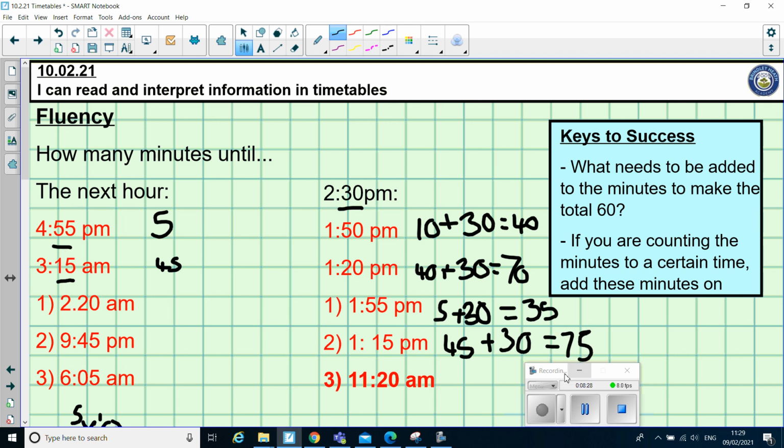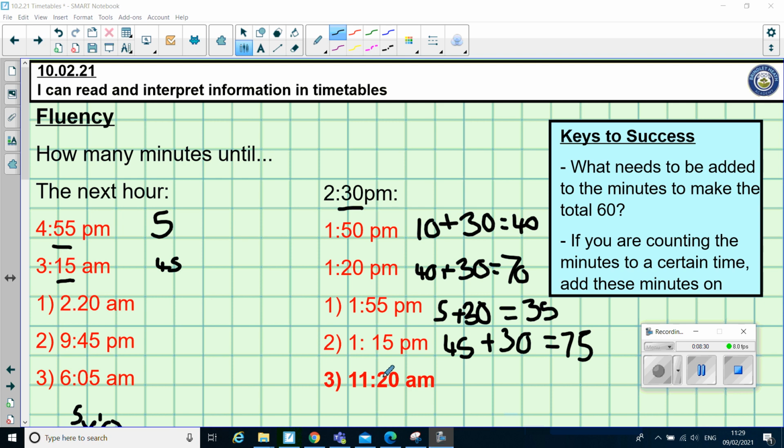Alright, question 3, the one that was in bold and really quite tricky, is because we had a couple of hours in there as well. So first of all, how many minutes to make it to the next hour? That would be 40, and that would take me till 12 p.m. Then I'm going to need another hour, so another 60 minutes to take me till 1 p.m. and another 60 minutes to take me till 2 p.m. and then I need to add that 30 minutes on as well to take me till 2:30.